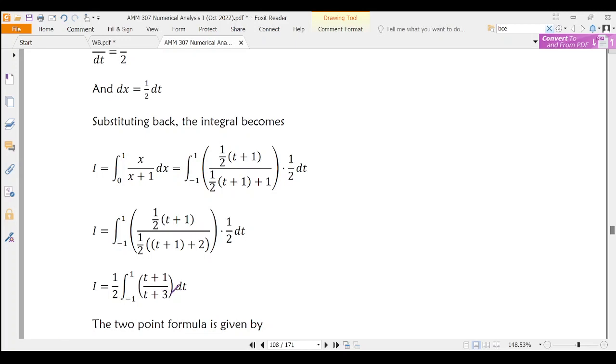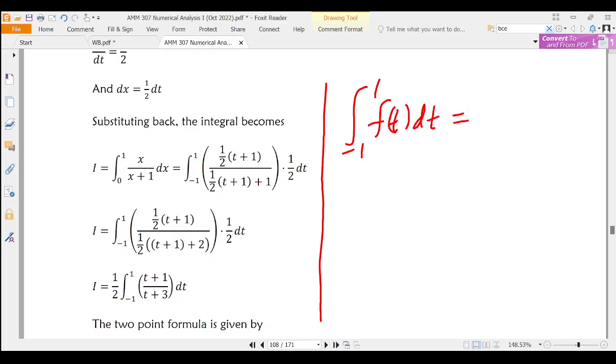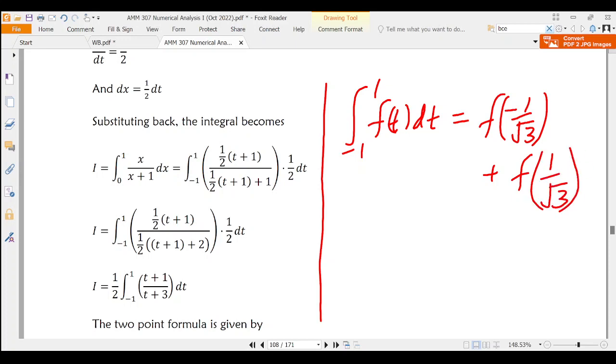According to the 2-point formula, we have the integral from minus 1 to 1 of f of t dt is equal to f of negative 1 over root 3 plus f of 1 over the square root of 3. So in this case, we need to evaluate this function.